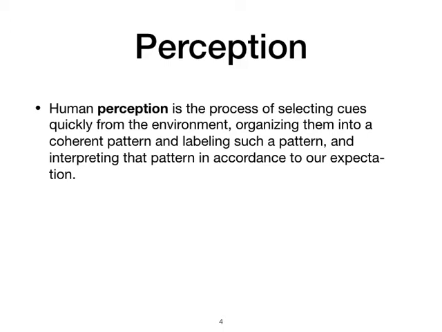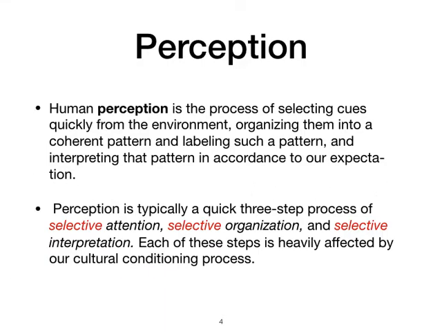And perception is typically a quick three-step process of selective attention, selective organization, and selective interpretation. Each of these steps is heavily affected by our cultural conditioning process.